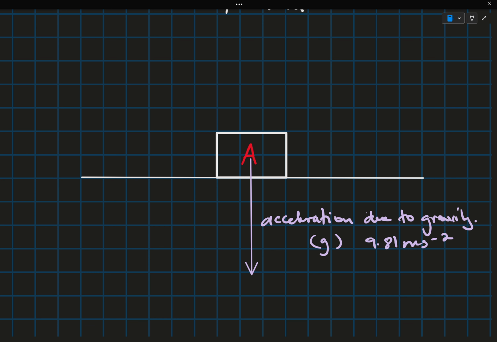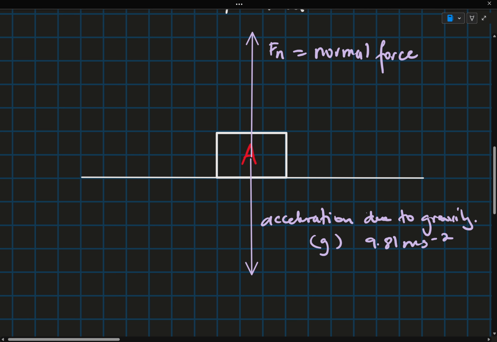Therefore, we're going to have an equal and opposite reaction upwards, and that is what we call Fn, the normal force. This is a reaction force, so it's upwards on the object. As gravity is pushing down on the block, there's an equal and opposite force directed in the opposite direction, up.